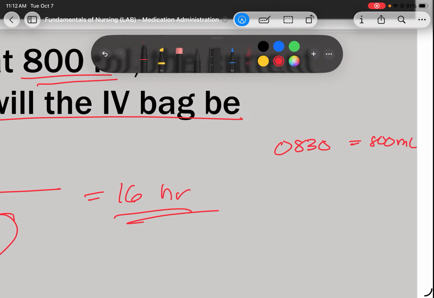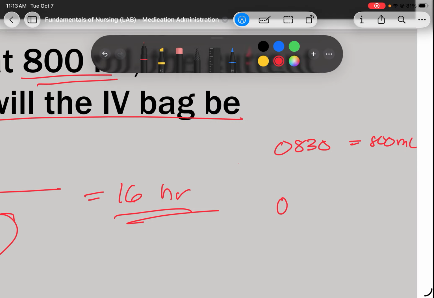Do it manually, count the number of hours. So let's say for example 16, 8:30, 9:30, 10:30, 11:30, 12, 13, 14, 15, 16, 17, 18, 19, 20, 21, 22, 23, and then the 16th is 24.